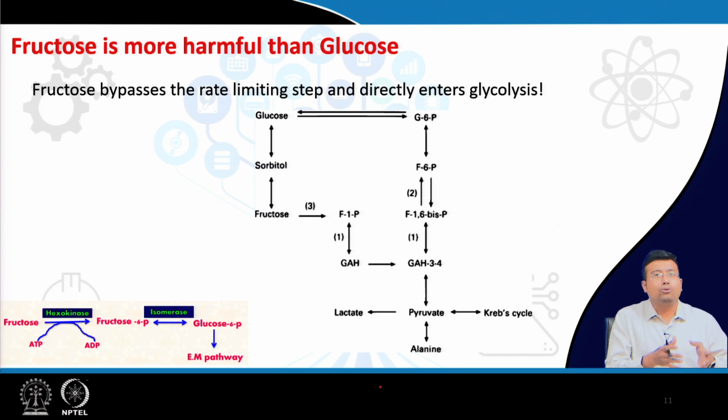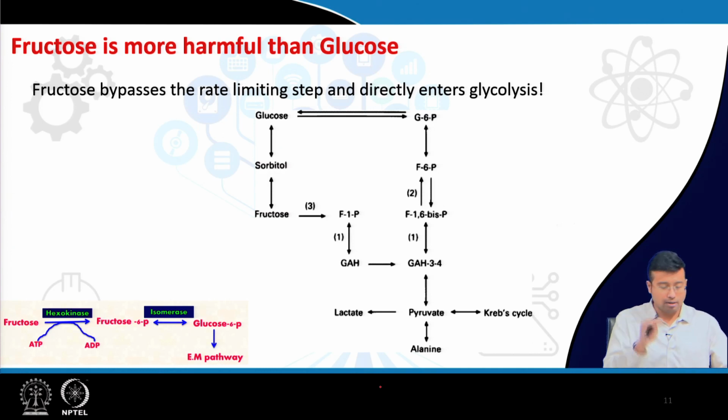Because fructose actually bypasses the rate limiting steps of glycolysis. So, what is a rate limiting step? Mind it, our body can control the amount of metabolic steps that are needed. It has already been discussed. The process of glycolysis is controlled by the first 2 steps, the hexokinase step and most importantly the phosphofructokinase step.